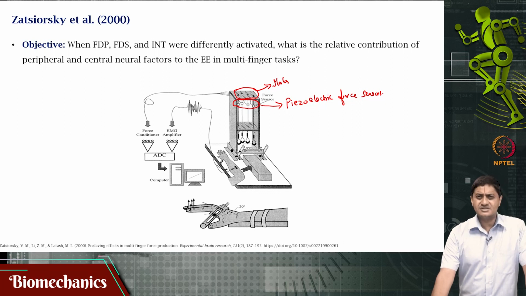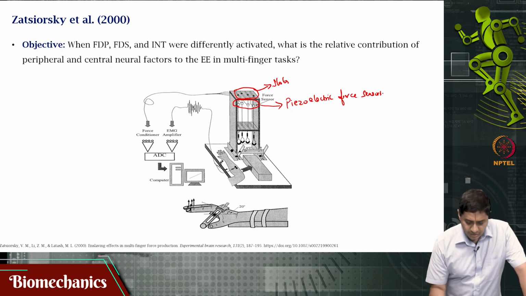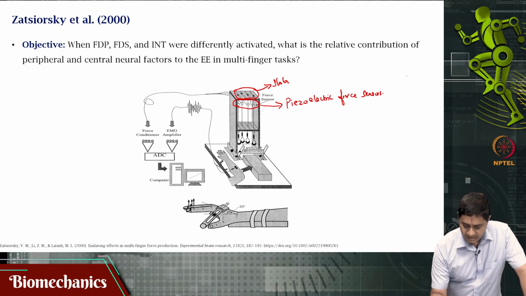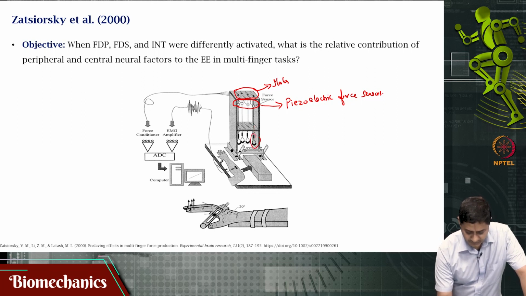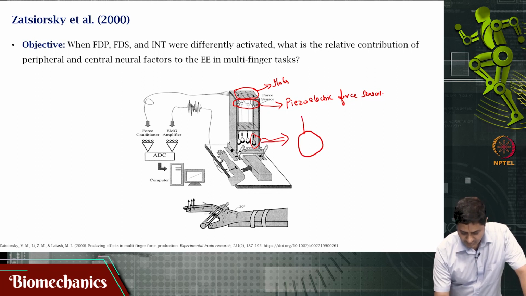I think these were steel ropes that went on to form a loop. This loop, I will draw this, with some padding, spongy, soft padding where you can keep your fingers.